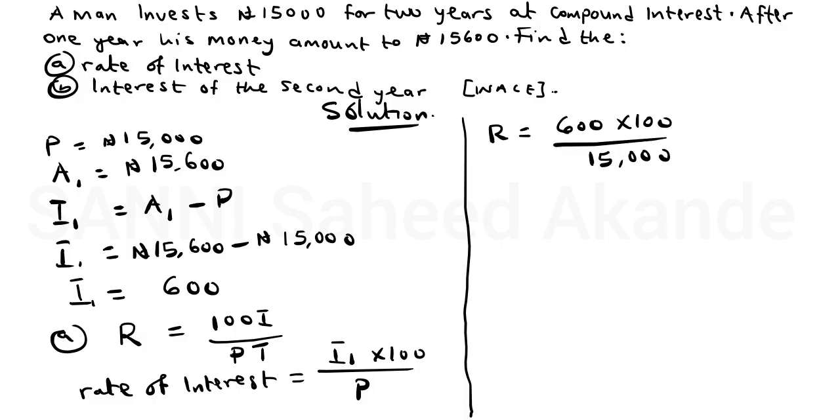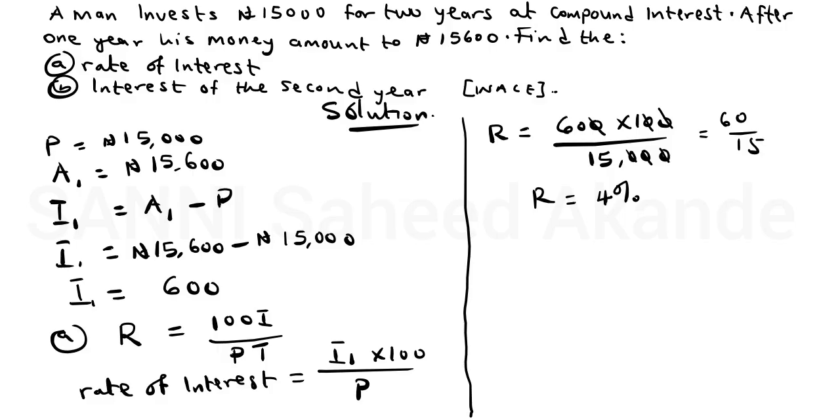Okay, so this 0 will cancel, this will cancel, this will also cancel, so we are left with 60 divided by 15. So the rate will be equal to 4%, because our rate is always in percentage.